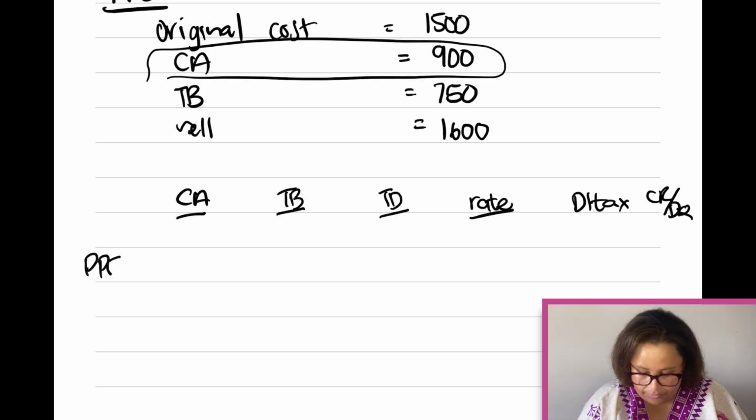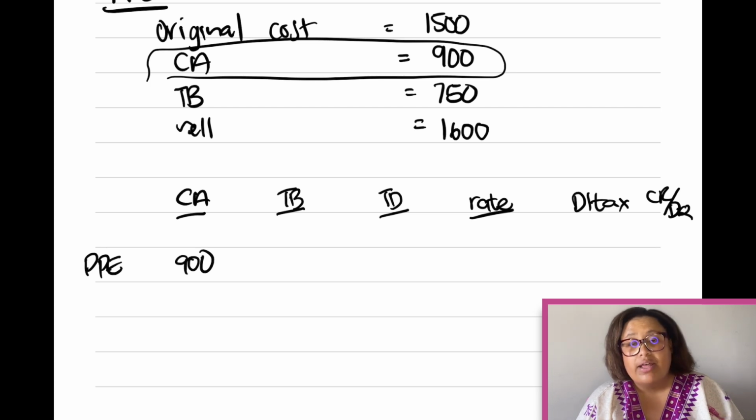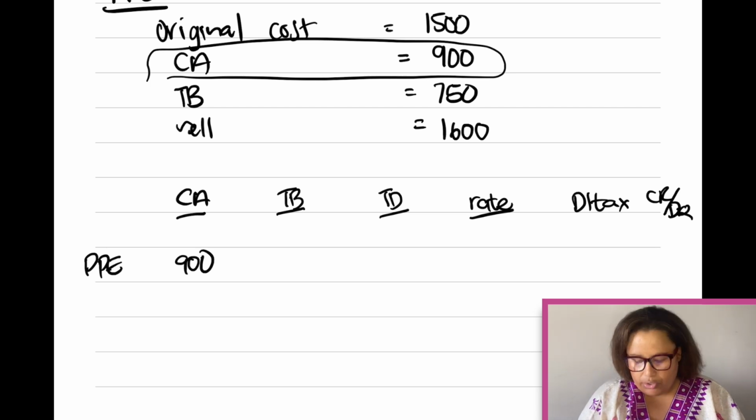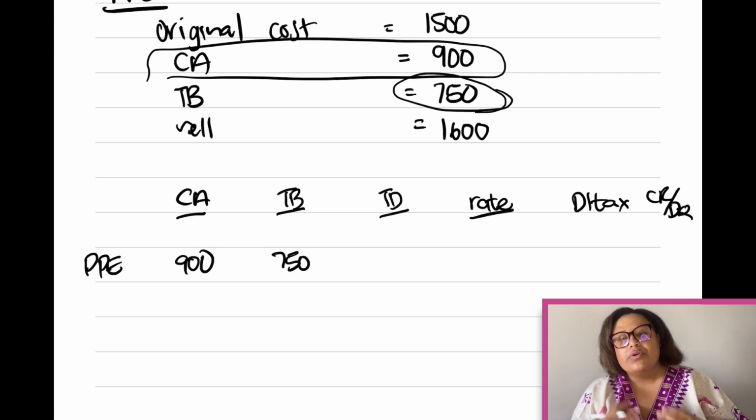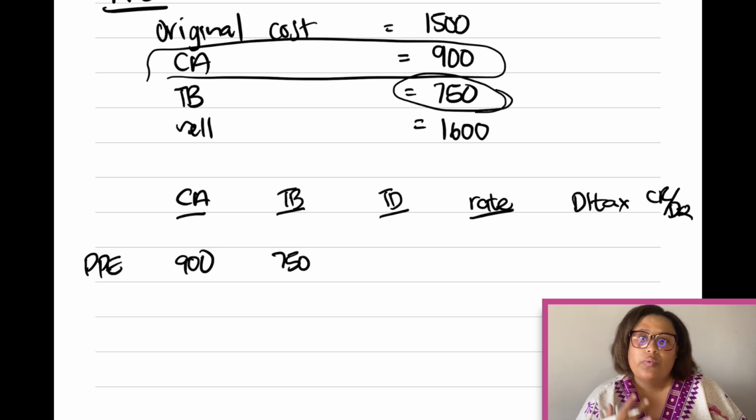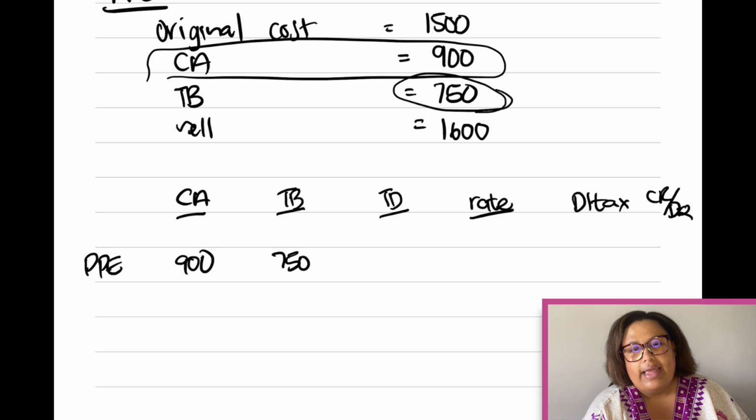So for this item of PPE, we can insert a carrying amount of 900. Now, the question has told us that we have a tax base of 750. So with regards to the tax base, what do we know? We know that this represents the future deductions that we are still able to claim with regards to this asset.